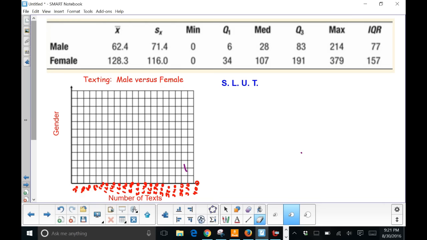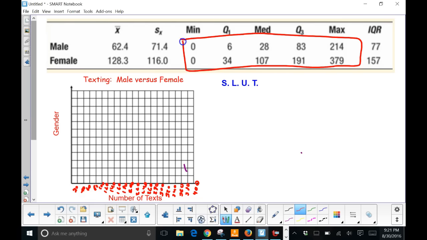Okay, so to start with, we are going to take 5 numbers here and use those to make our box plot. But most importantly, we need to have the box part of it, and that's going to be comprised of Q1, median, and Q3. So the box is going to cut off the middle 50% of the data.